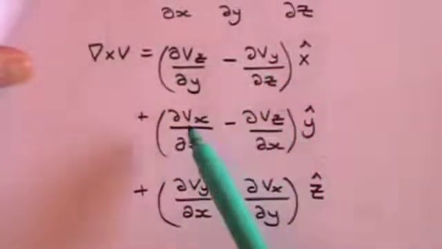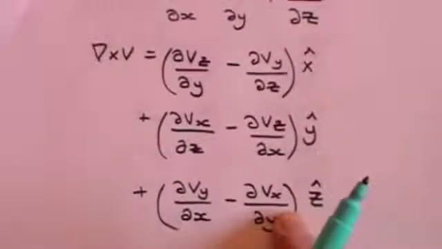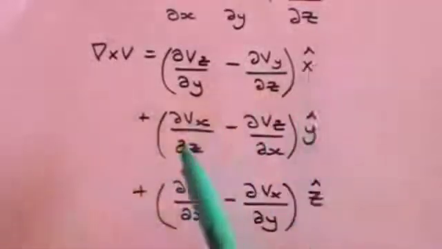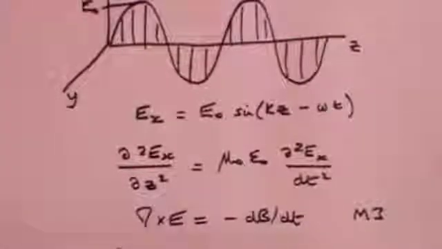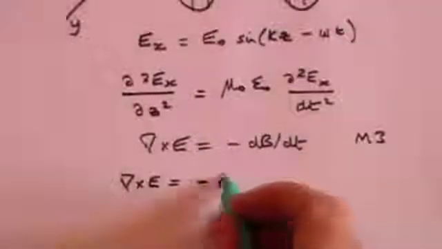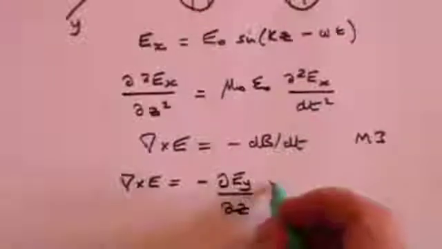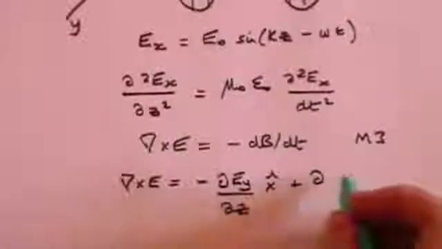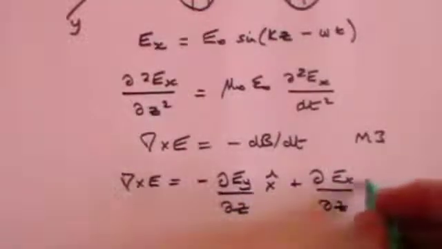There's that one and that one. We've got essentially minus dVy by dz in the x direction and dVx by dz in the y direction. What we're saying is that the curl of E, because there is no variation in the x or y direction, will equal these two terms: minus dEy by dz in the x direction, plus dEx by dz in the y direction.